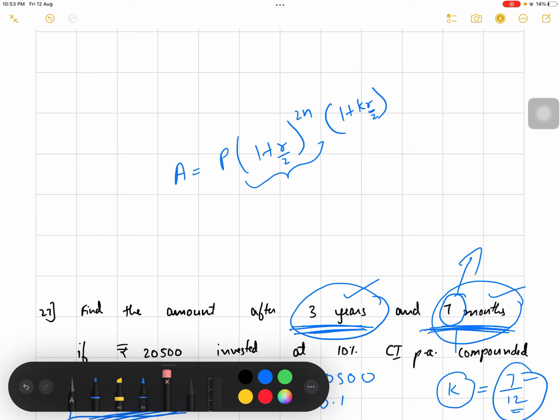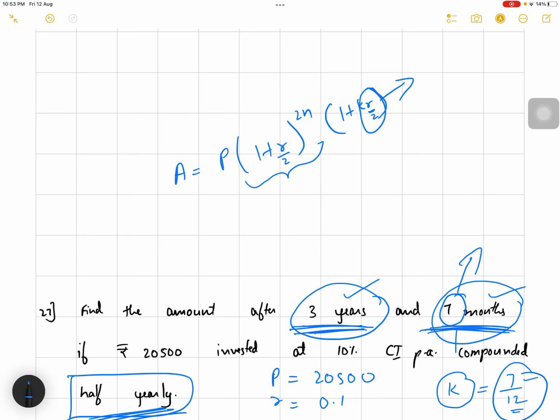In this bracket you are dividing by 2 only because number of months is more than 6 months. If in the question it was given 3 years and 4 months, then you would have just done 1 plus KR. You wouldn't have divided by 2, because in 4 months you are calculating interest only once. So you would have done 1 plus KR, without dividing by 2.